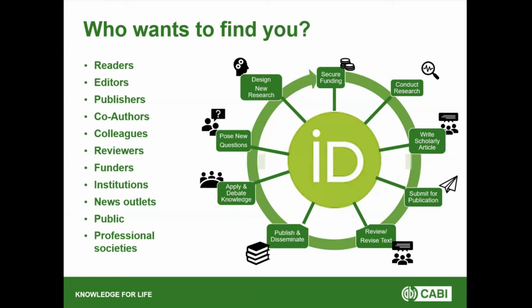And also professional societies are looking for speakers and organizers and leaders in their domains and may want to look at your publication record and output for those kinds of purposes. For all these possible audiences, ORCID IDs are helpful so people can disambiguate you from other individuals.